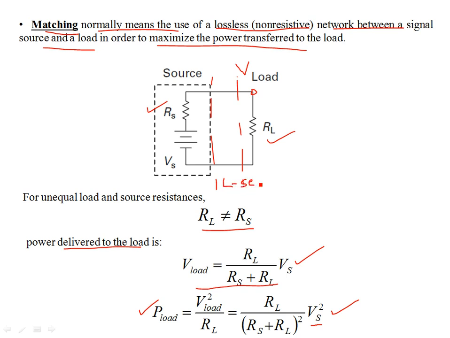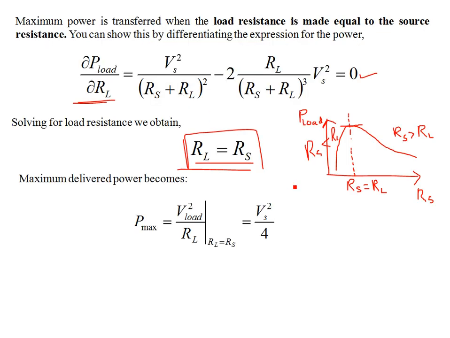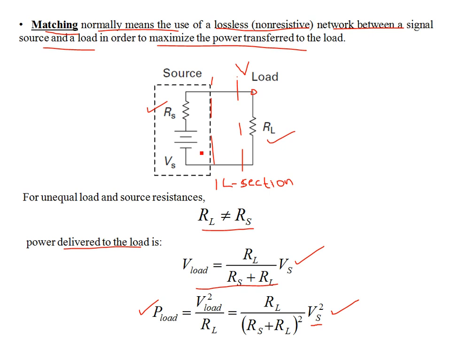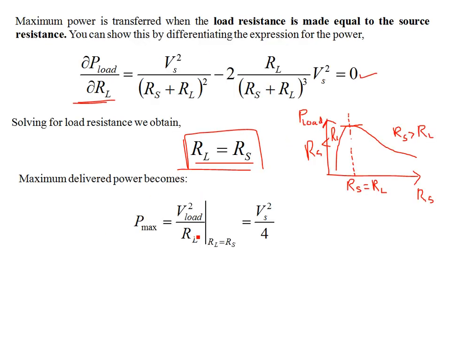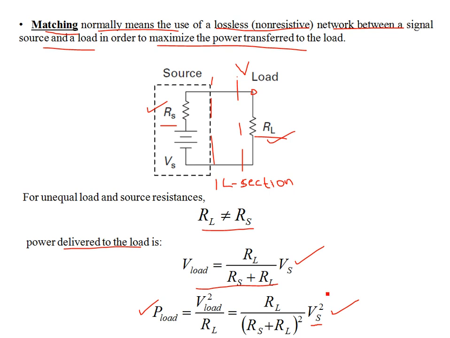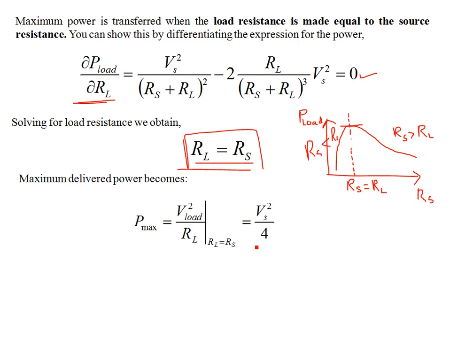What it does is match the load to the source impedance using reactive elements only, or non-dissipative elements. Again, in this expression, if you substitute RL equals Rs, the maximum power delivery turns out to be equal to 1/4 of Vs squared.